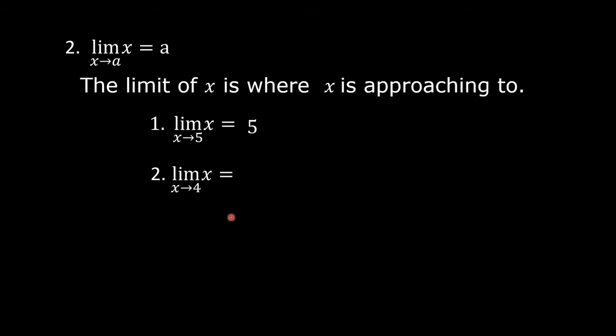Example number 2. The limit of x as x approaches 4. X is approaching 4, so the answer is 4. Number 3 example. The limit of x as x approaches 9. X is approaching 9, so the answer is 9.